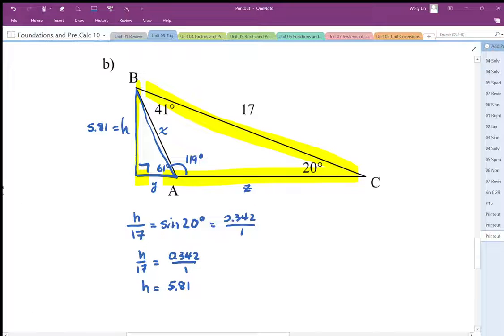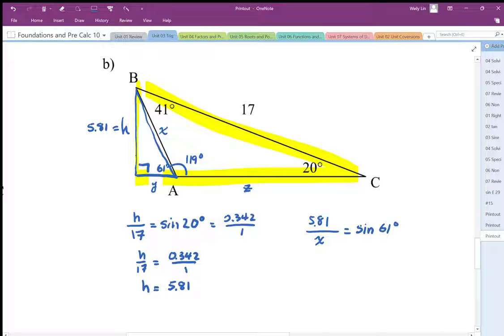I'm going to set this up using the 61 degrees. I'm now going to use the opposite side to 61, which is 5.81, and the hypotenuse, which is x. Opposite over hypotenuse is going to be the sine ratio, and the angle I'm using is 61 degrees.